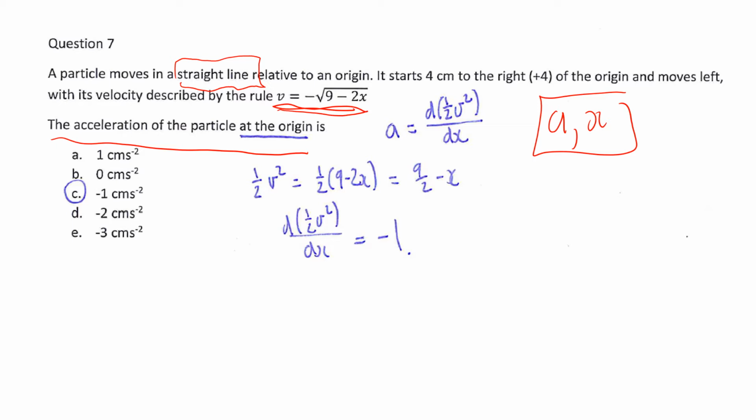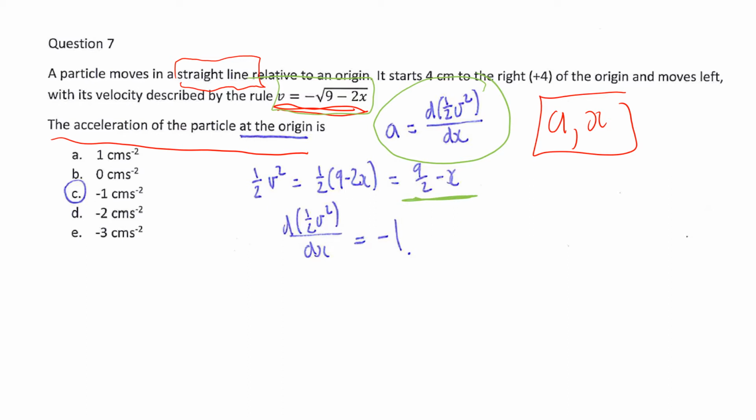So those of you on the ball would have realized that this version of acceleration is the one to appeal to in this particular question. Of course you could have gone A is V dv dx and used separation of variables, but you're way overcomplicating the matter. So what we need to do is just take our expression for V, square it, and halve it. That turns out to be a very easy rule as a result.